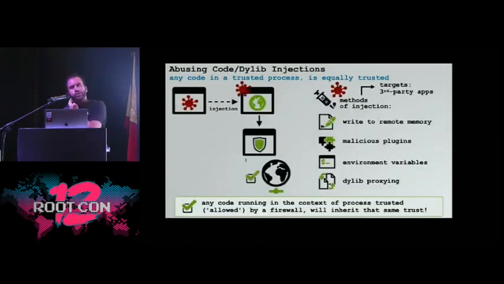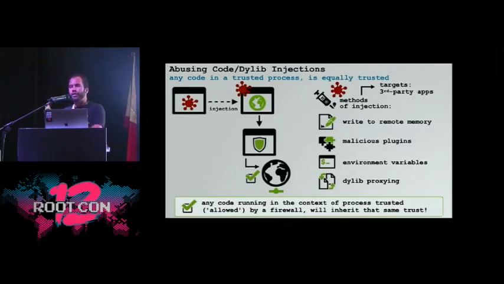Very good. Another technique to abuse any program that's trusted to bypass firewalls generically is to inject code into that process. Again, firewalls are going to trust specific programs, browser, chat application, whatever.